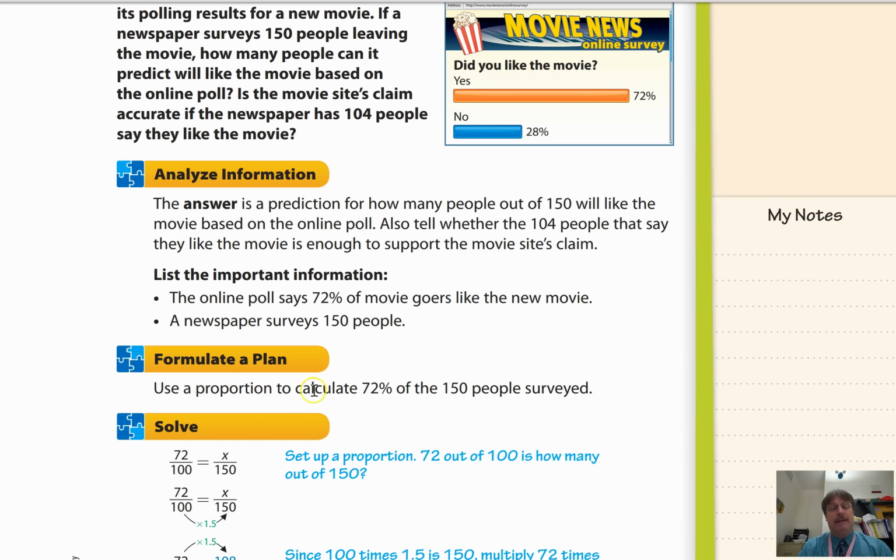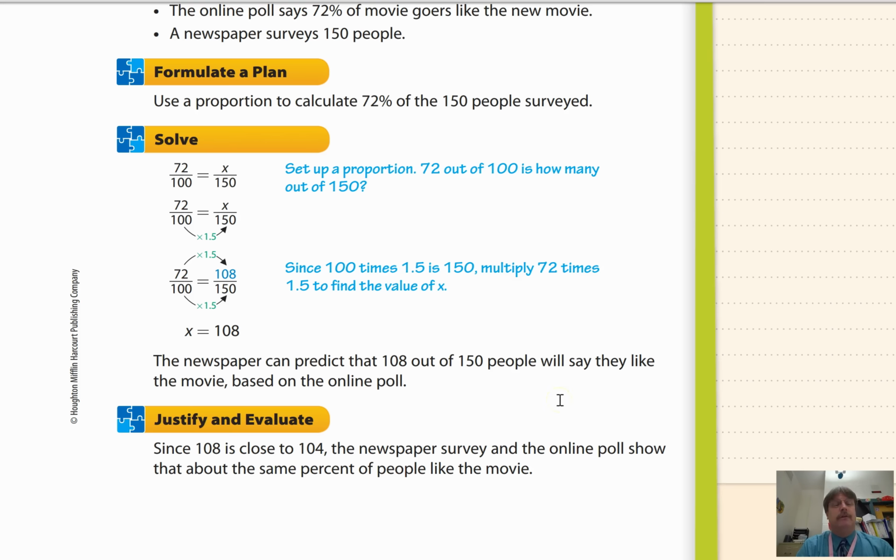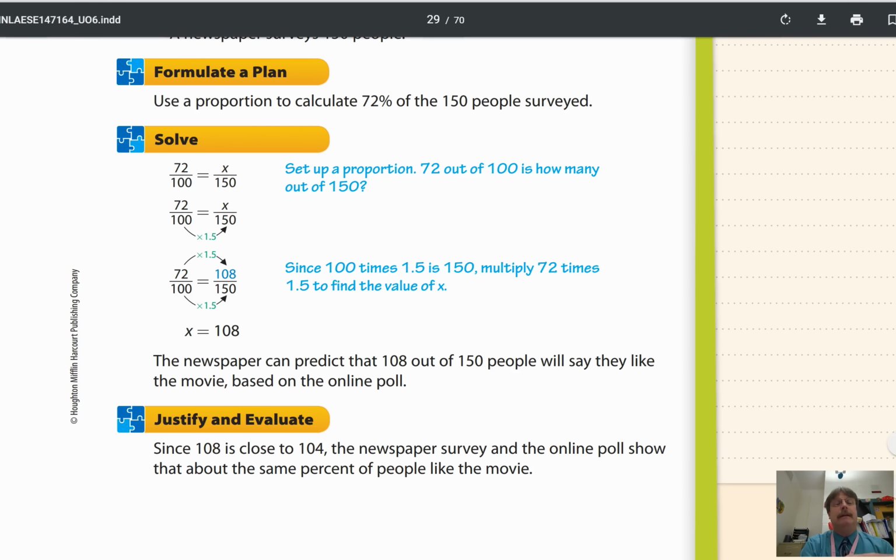So now we're going to go ahead and use proportions to calculate what is 72% of the people surveyed. So you see the proportional relationship is set up again, and we have 72%. They converted that into a fraction, okay, because it's 72 over 100, and that equals how many out of 150. So that's our scaling.